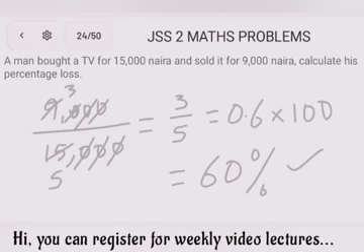This is the percentage value we have gotten by comparing the price for which the man sold the TV with the price for which he bought the TV. But this value is less than 100. Anytime we talk about percentage, 100 is the complete value. Anything less than 100 shows a loss.